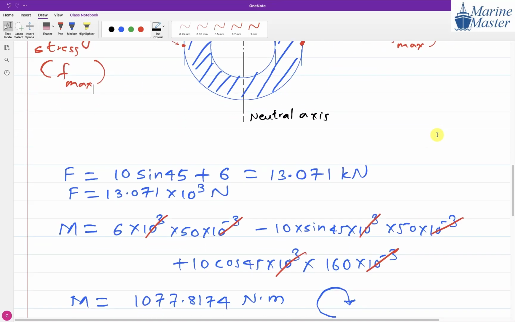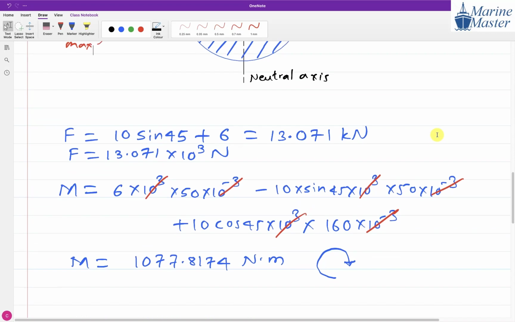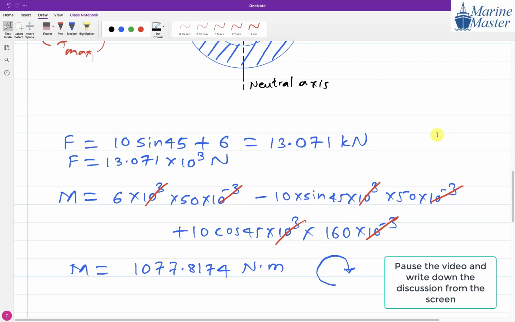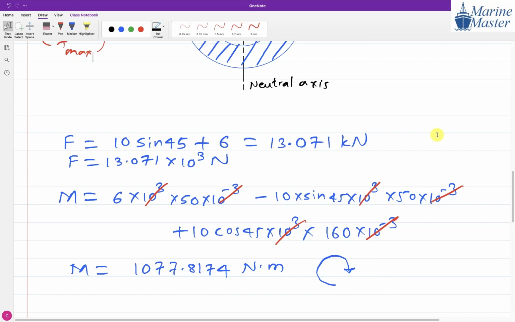Now write down this discussion. Write down properly.